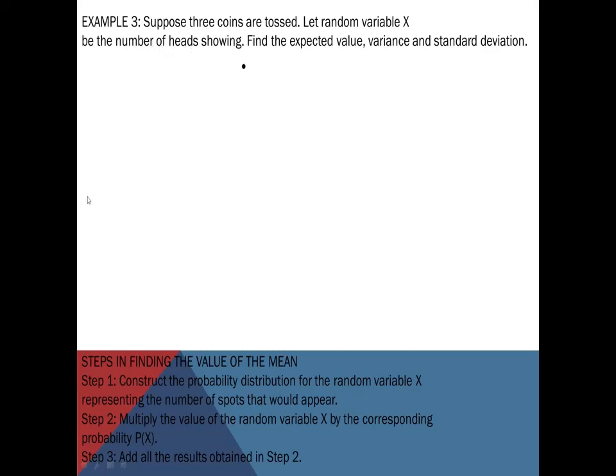So, in our probability distribution, our outcome is how many heads will come out if we toss three coins. I don't care how many tails come out, because in our problem it is the number of heads that show. Now, we need to find the expected value, or the mean, the variance, and the standard deviation.